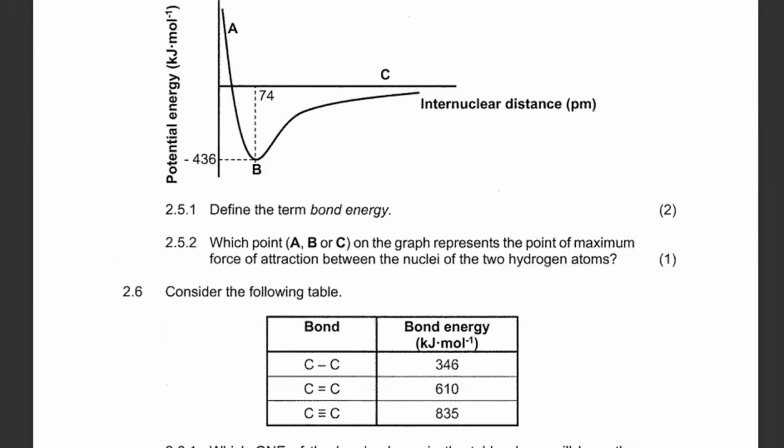Question 2.5 reads: the graph below shows the relationship between potential energy and the internuclear distance between two hydrogen atoms.